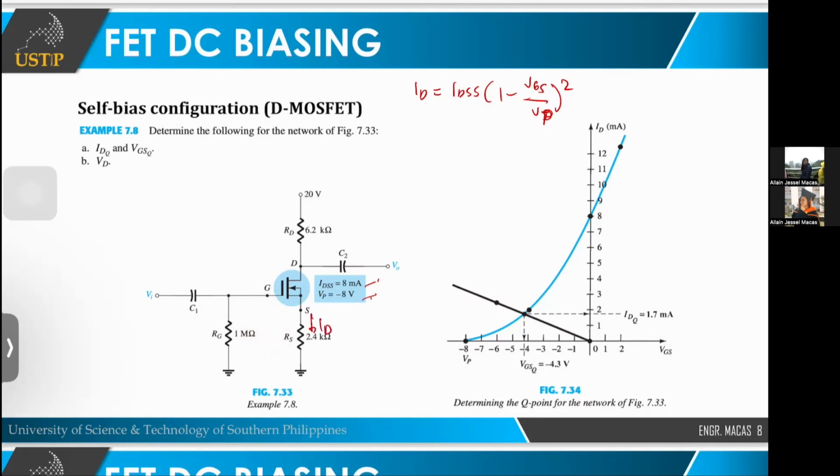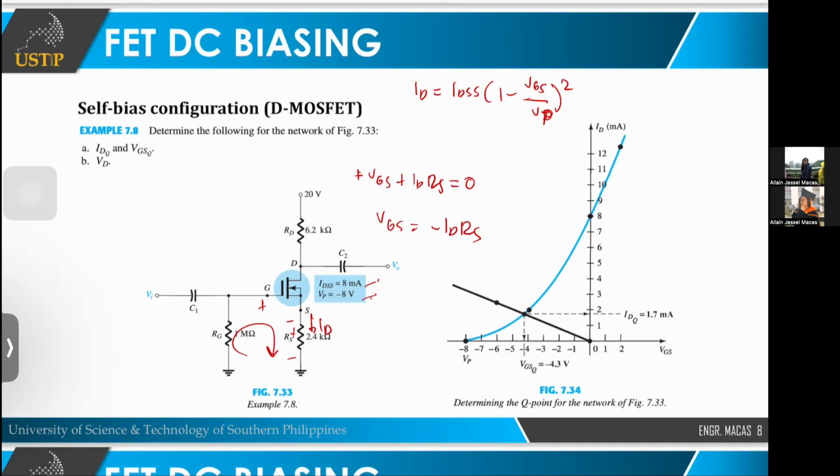With RG at 0, because the gate current is 0, we will have plus VGS plus IDRS equals 0. That means VGS is the negative of IDRS. And this is very important to plot our load line.